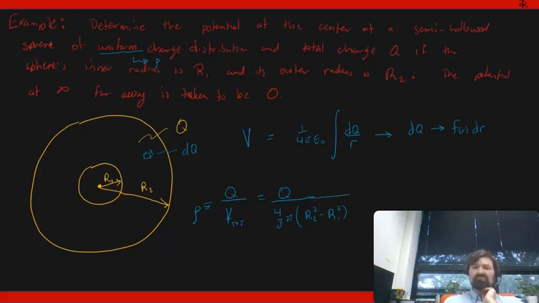All right, so if that is the case, then we could say something along the lines of dq is equal to rho times dV.